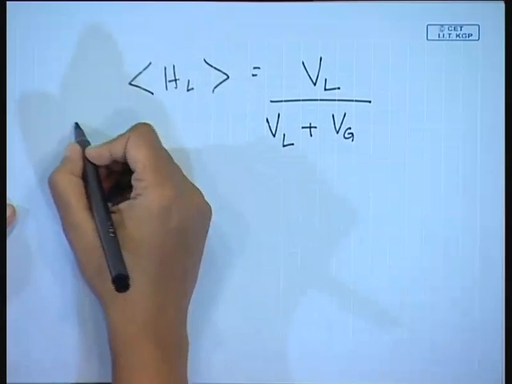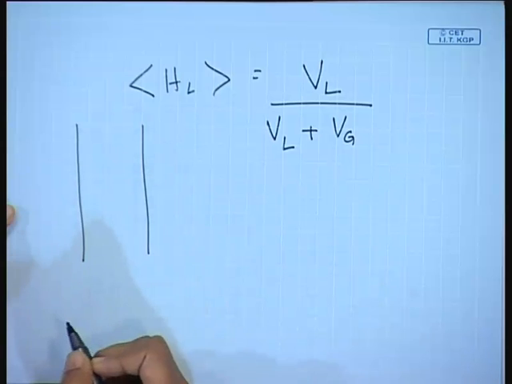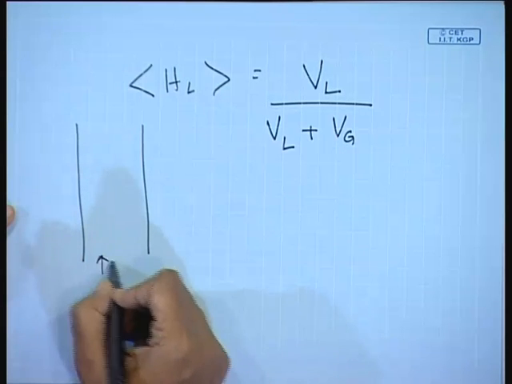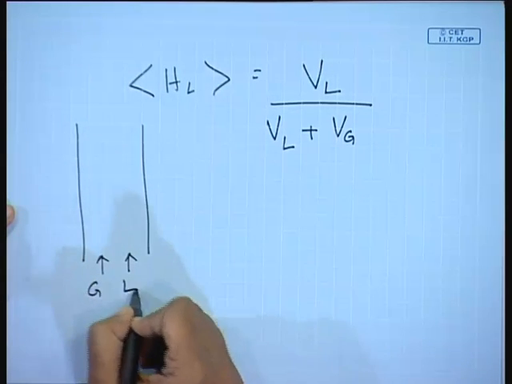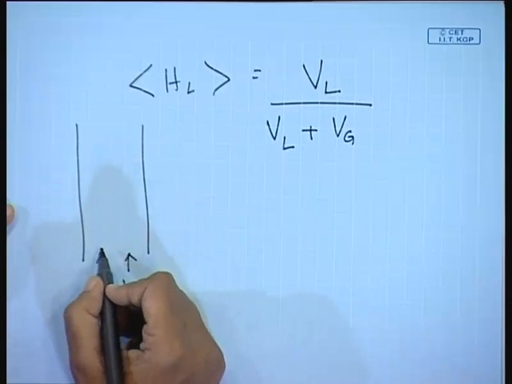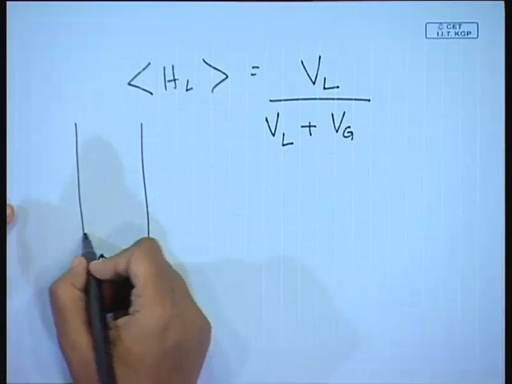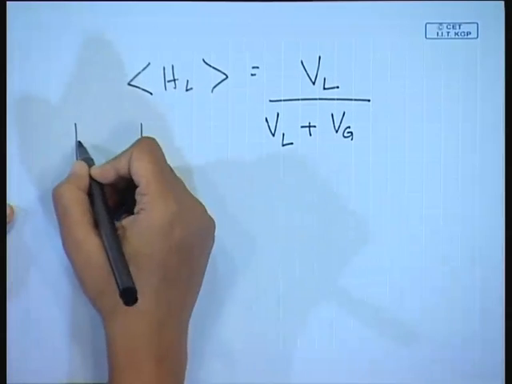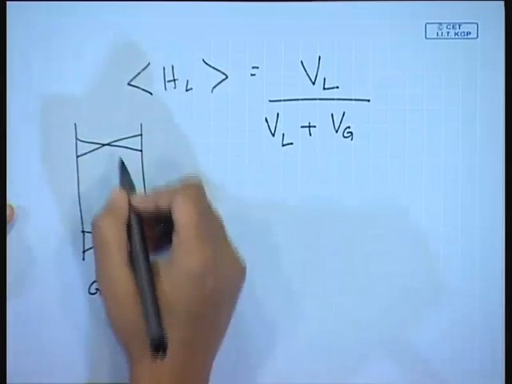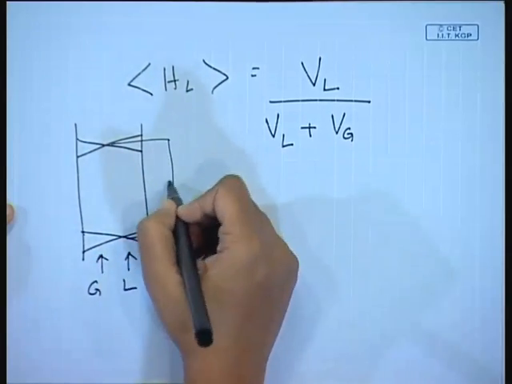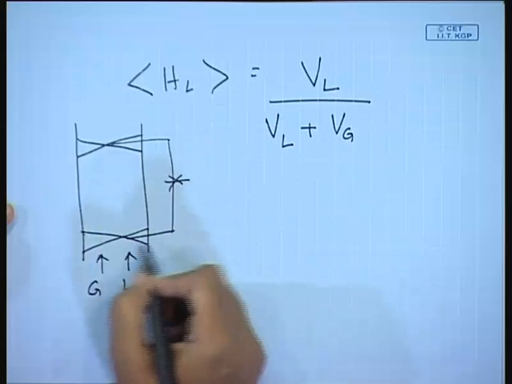V total. So, suppose we have a channel in this particular way, and suppose a gas and a liquid mixture is flowing. What we can do is suddenly, at one instant, suppose we have a valve here, and we simultaneously close both the valves.